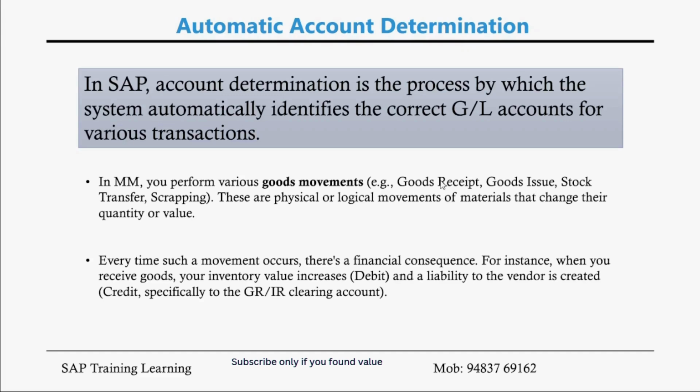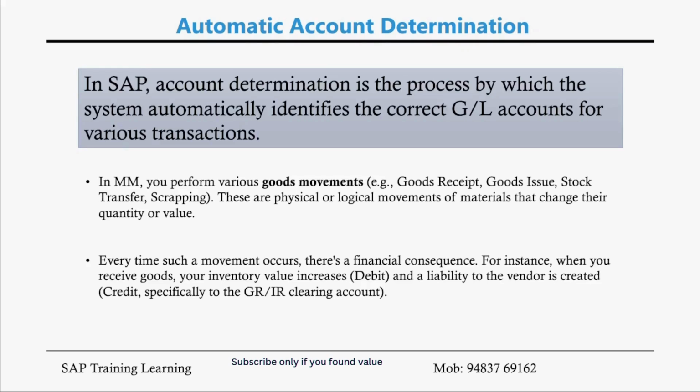So when you perform these goods movements, we want the system to track these transactions in their respective GL accounts, and that should happen automatically. There shouldn't be any human intervention required. That is the main aim of this concept, automatic account determination.